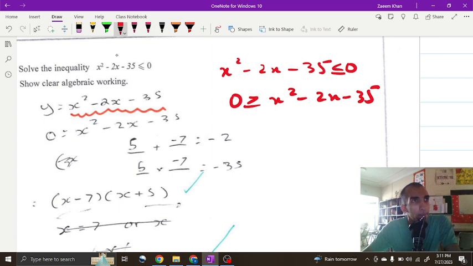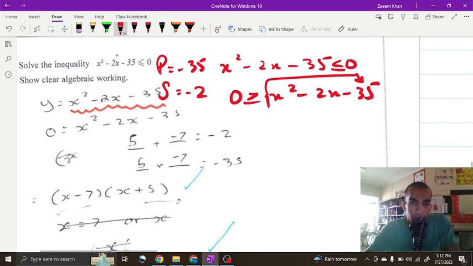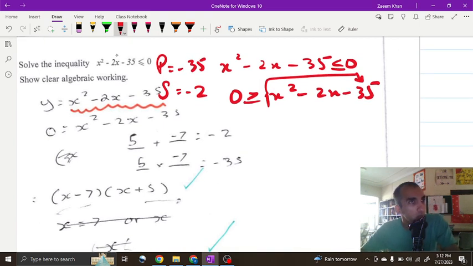And then you have to factorize it. Factorize it, perfect. So when multiplied we should get these two numbers multiplied together. There's a 1 over here. When multiplied we should get a negative 35, and when added we should get negative 2. So what two numbers when added would give us negative 2, when multiplied would give us negative 35?